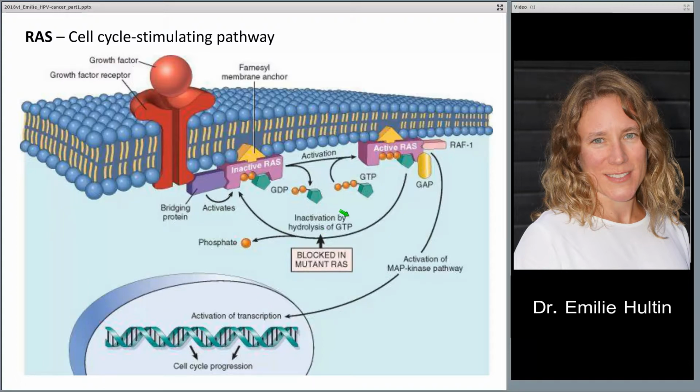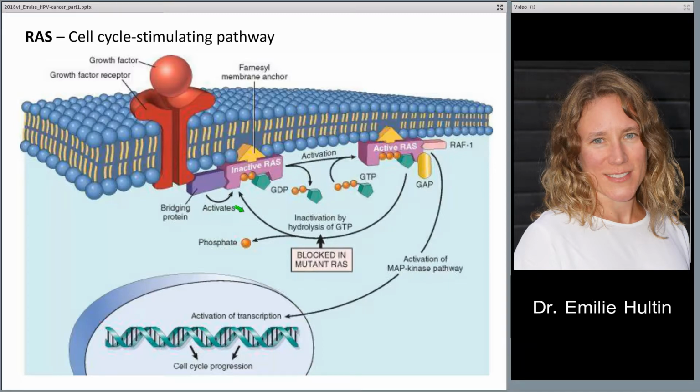The thing with this RAS enzyme is also that when this MAP kinase pathway is activated, there is a negative feedback loop where a phosphate group from the active RAS is released so that the RAS is then inactive again. So it has this negative feedback loop.